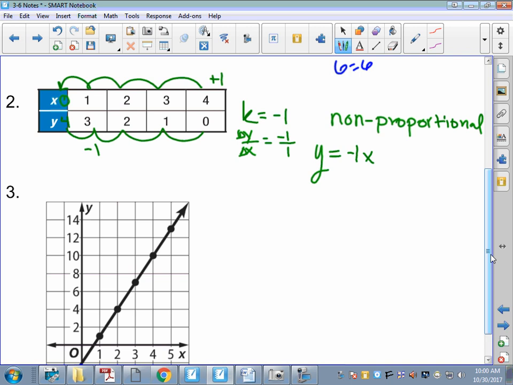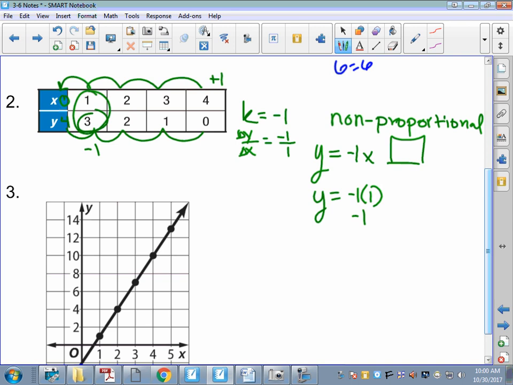Then I got to decide what I'm adding or what I'm subtracting to this. So how I do that is I pick any ordered pair. I might just use that first ordered pair here, 1, 3. When I plug in 1, y equals -1 times 1. Well, y equals -1, but it doesn't equal -1.